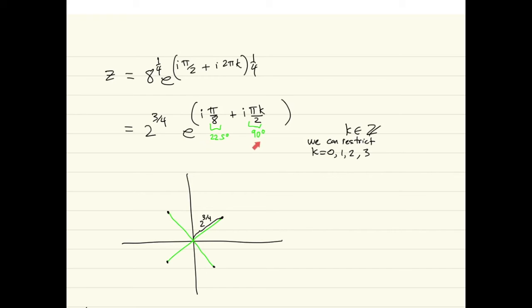Again, pi over 2 is 90 degrees, so 4 copies of that will be 360, so we're back at 0. So this is one possible answer. Any 4 consecutive values of k, like k being 1, 2, 3, 4, would also work. So these are the 4 answers for what z is.